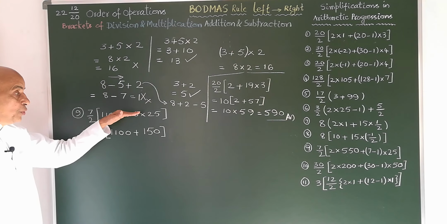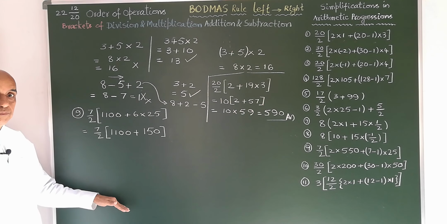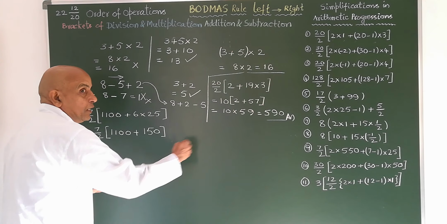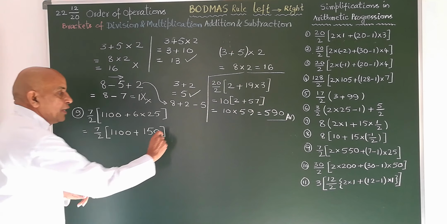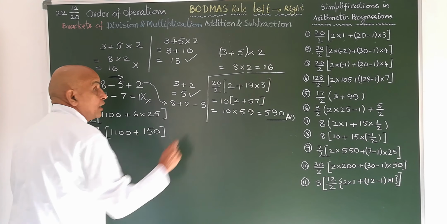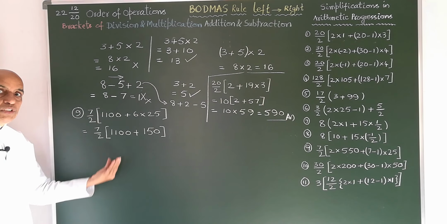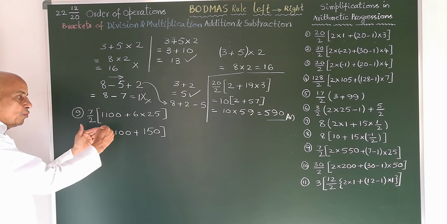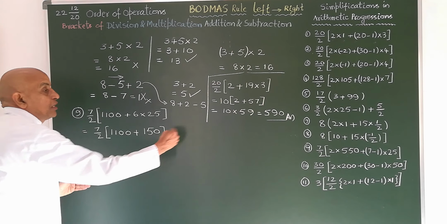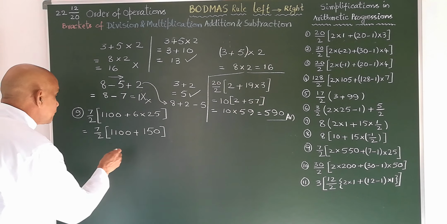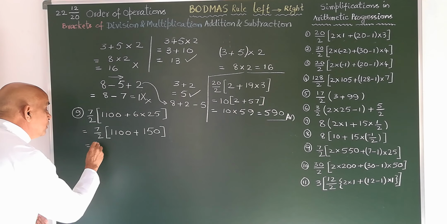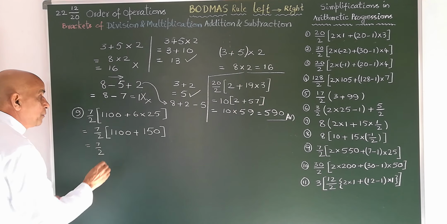Always do the calculations vertically. Don't do it horizontally. Because what happens if I write is equal to here, go on like that. In the examination, when the examiner sees, only this part he will see. He will not see that other part. So this is equal to 7 by 2.